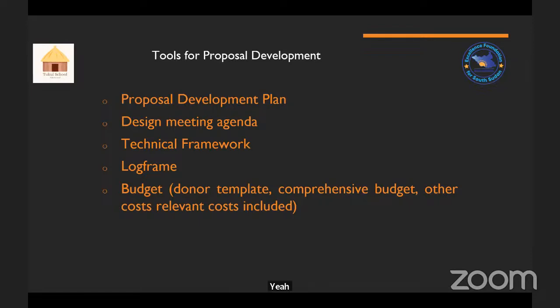If it is not a risk matrix, they can also ask you to talk about maybe your communication plan. What is your communication plan for the project? You can include it as one of the annexes or one of the tools that you might want to fill in the proposal.